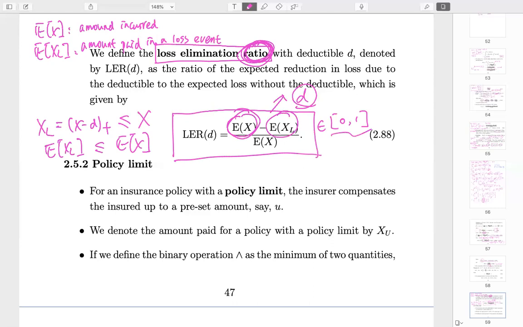So when you consider home insurance, one is 100K, the other is 1,000K or $1 million. The impact of the deductible, of course, will be hugely different, right? For a house this expensive, the deductible may not mean too much, right? But for this one, it could mean a lot. So that's why we need to divide by the original expectation to unitize this result. That's why it's called the elimination ratio.